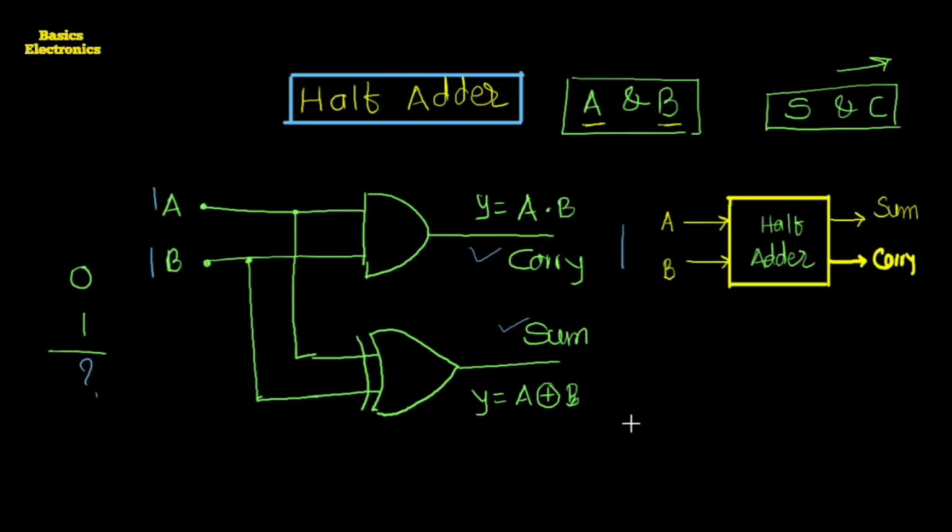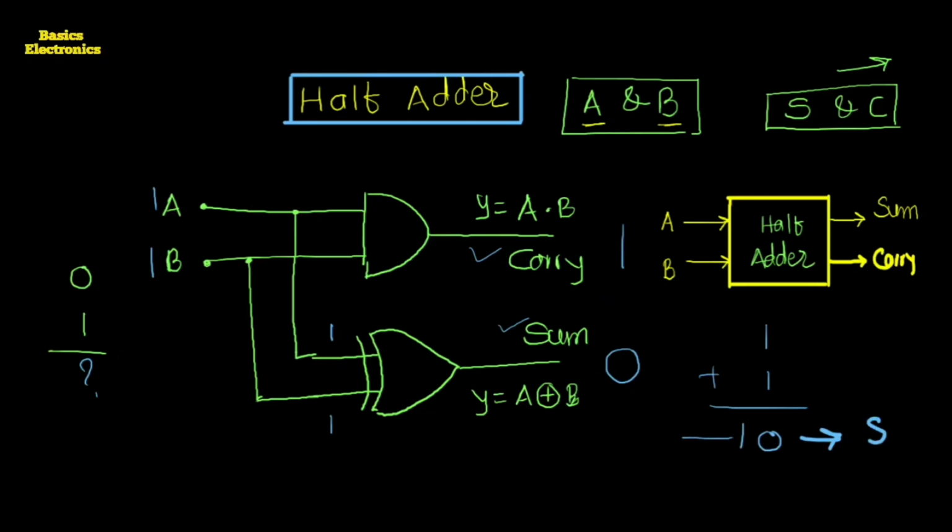We get output Y equals 1, and the XOR gate produces logically low output because equal inputs, or the same inputs, are applied, so its output is low, meaning 0. The AND gate produces logically high output because both inputs are 1, 1. It means if we do the addition 1 plus 1, we have the answer 1, 0. Here this 0 is the sum and this 1 is the carry.